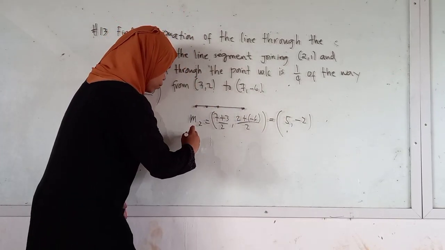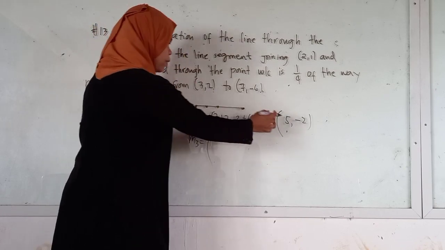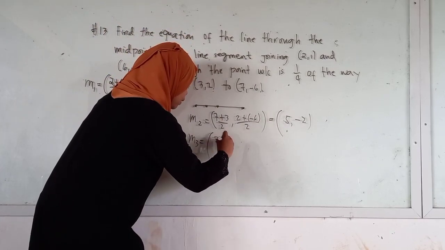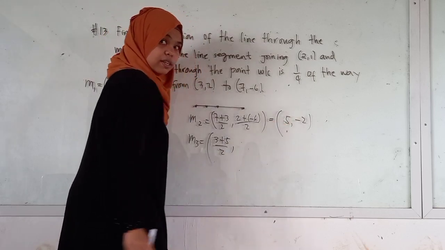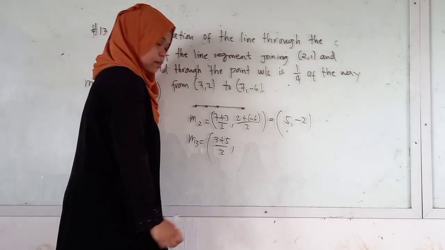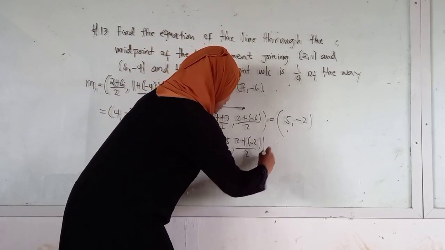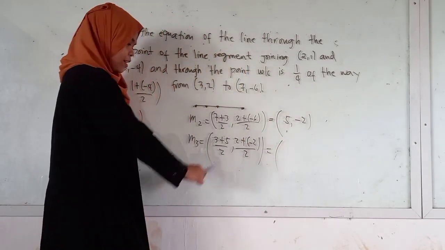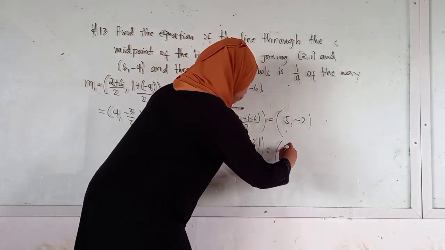Okay. So, paano kunin? M sub 3. So, 3 plus 5 over 2. And then 2 plus negative 2 over 2. So that is equal to 3 plus 5, that is 8 over 2, that is 4.